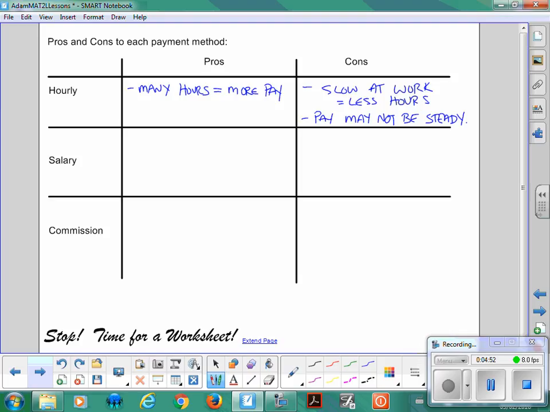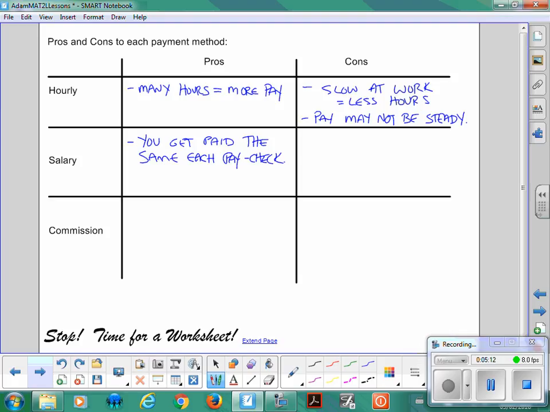Whereas when we look at a salary, the pro is you get paid the same each paycheck. So every paycheck you get the same amount.